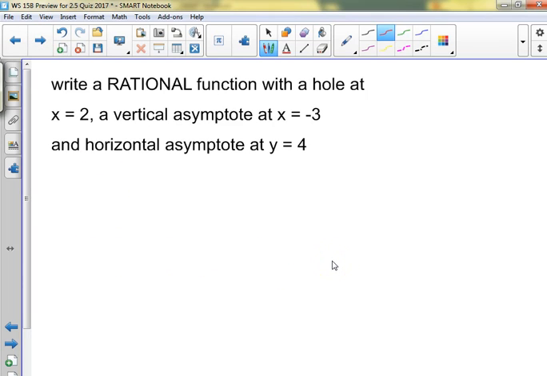There is a question like this, guys. There is a question like this. It says, write a rational function. You don't have this question, so you can take a picture in a second. Write a rational function with a hole at 2.